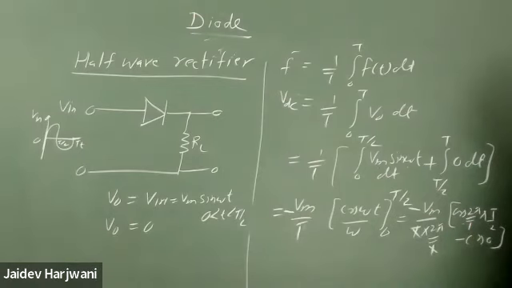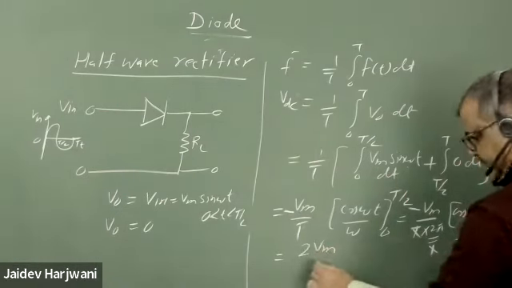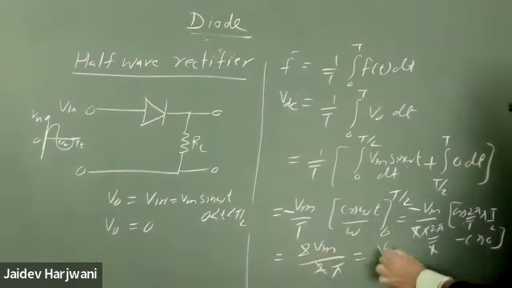If I solve this, it comes to minus 1 minus 1, with the minus sign it becomes plus, so this will come as 2 Vm upon 2 pi, the 2 cancels, so this is Vm by pi.